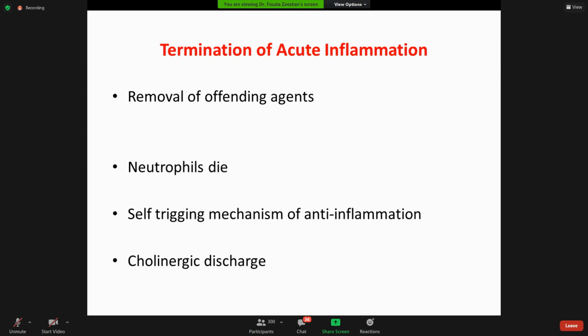Either the offending agent has been removed, so there is no offending agent right now and the acute inflammation will be turned off, or the neutrophils will die, or there is some cholinergic discharge inside the body that stops acute inflammation. Sometimes our bodies start to stop inflammation. That is the self-triggering mechanism of anti-inflammation.